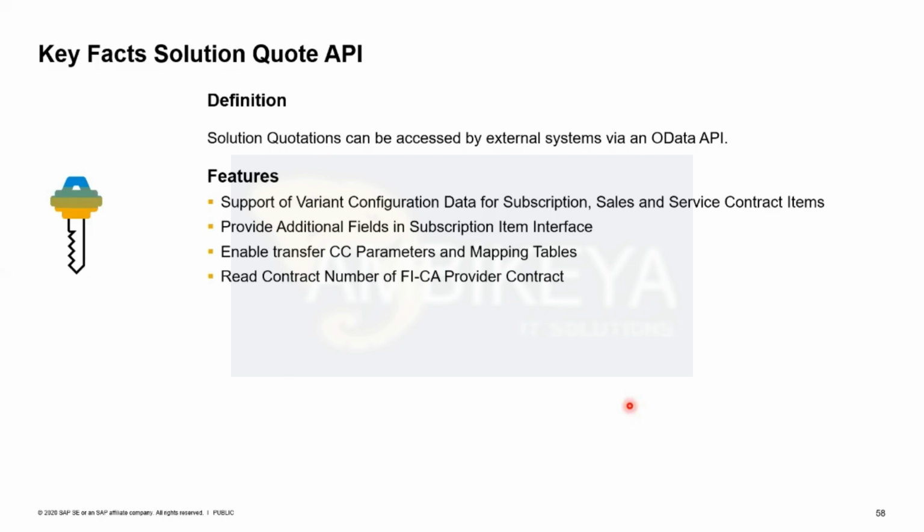Variant configuration as such is supported, but it won't go through the usual validations of whether the characteristic and a value exist in the system or not. It will not check. It will just take these fields and store them in the database and use them for follow-up processes.